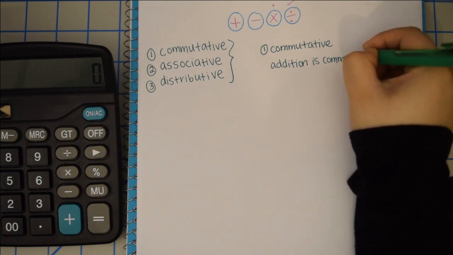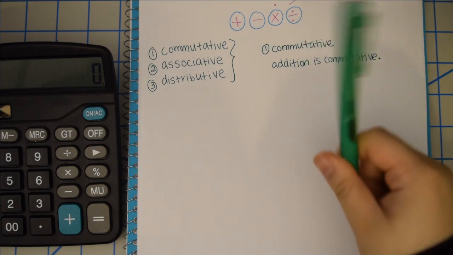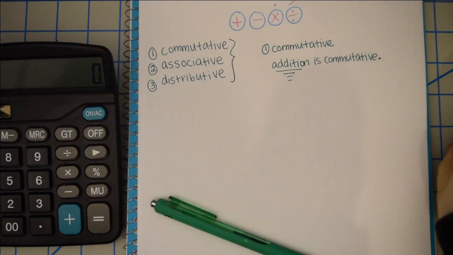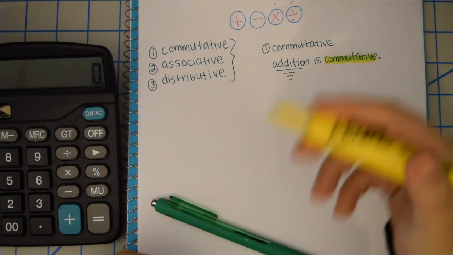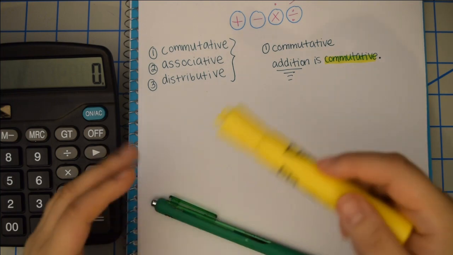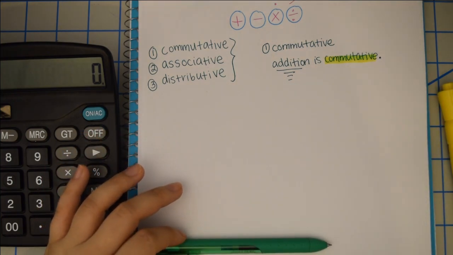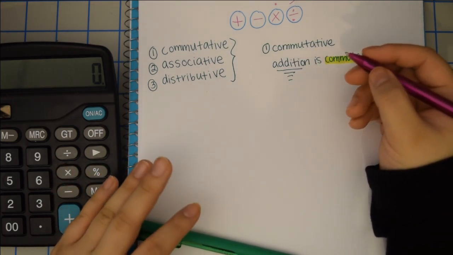So this is actually a true statement, and that's how I would say it. So the operation is what is commutative. And so what does commutative mean? Commutative means that you can switch the order of terms while applying whichever operation, and you'd get the same result.